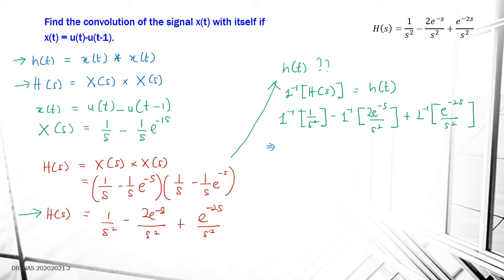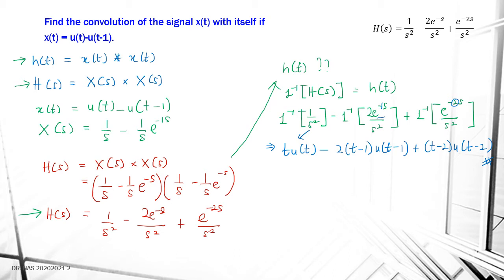So this is equal to t u(t), minus 2, again t, when you have an exponential function, you know the signal is being shifted by a. In this case, your a is 1, so (t minus 1) u(t minus 1), and then plus again another t function, but now a is 2, so (t minus 2) u(t minus 2). So this is your h(t).